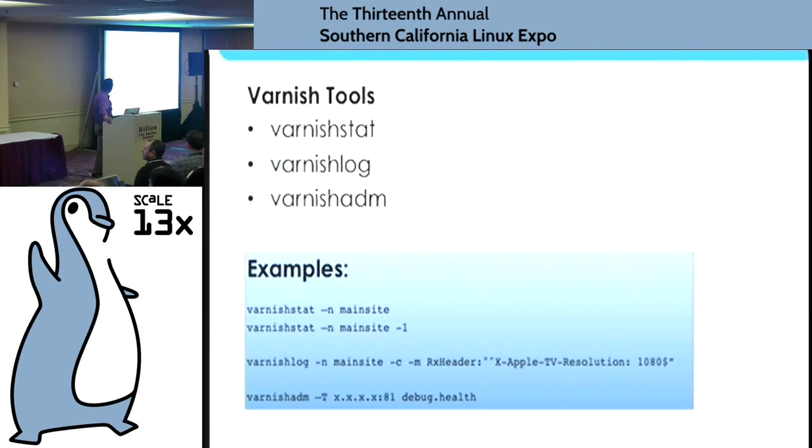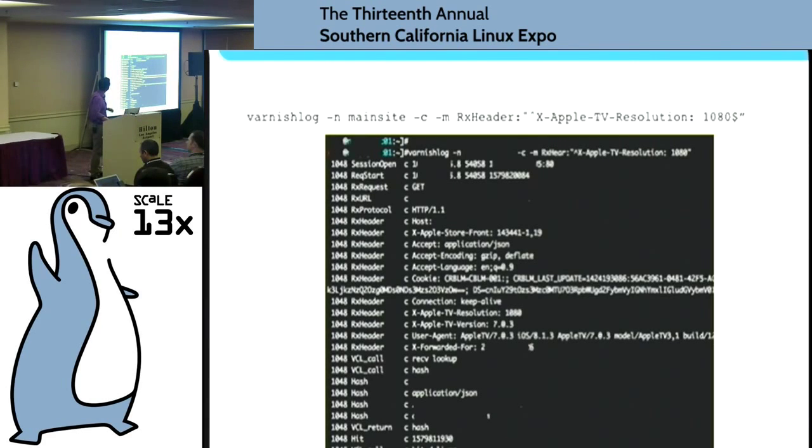Varnish log will show you the actual packets that are coming through. Varnish ADM is the administration tool to issue commands to Varnish to do things like invalidate cache, purge cache, ban cache, or other things like ask for detailed information about the health of the backend servers.